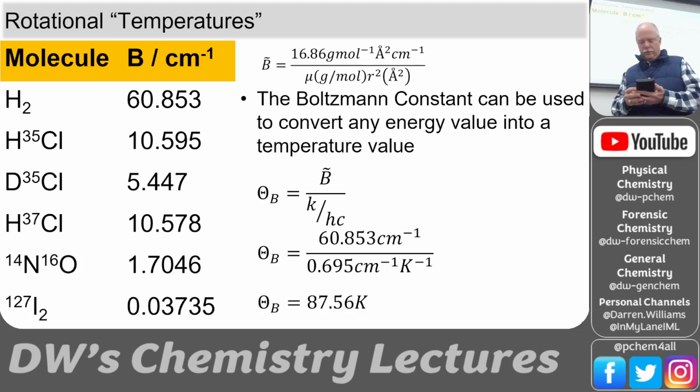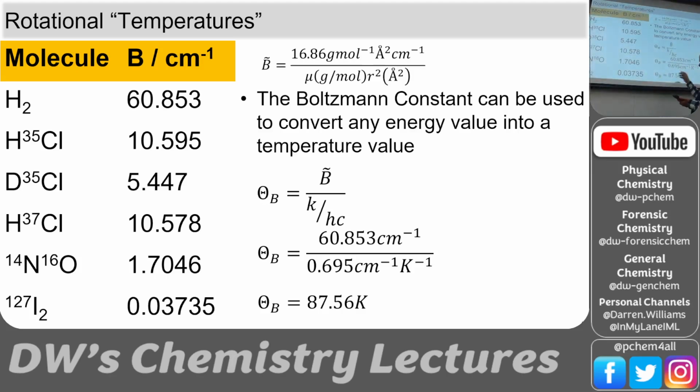You take 0.03735 and you just divide by 0.695 wave numbers per Kelvin. So it's 0.05. So when we get to 0.5 Kelvin, we're already at the high temperature equipartition for iodine.